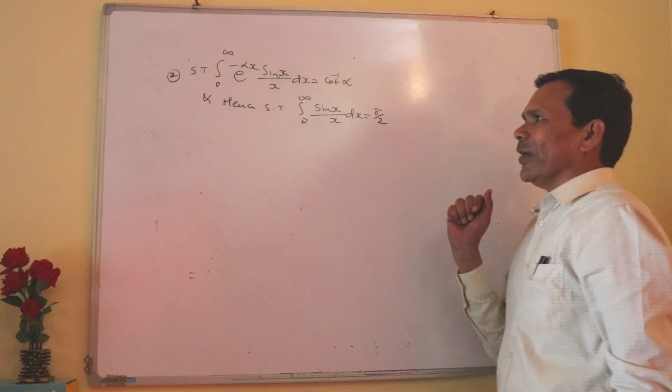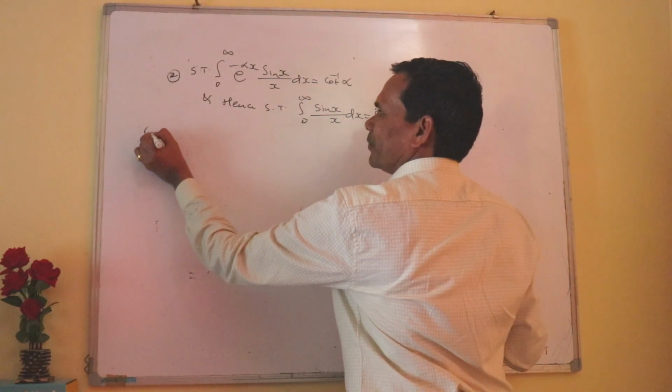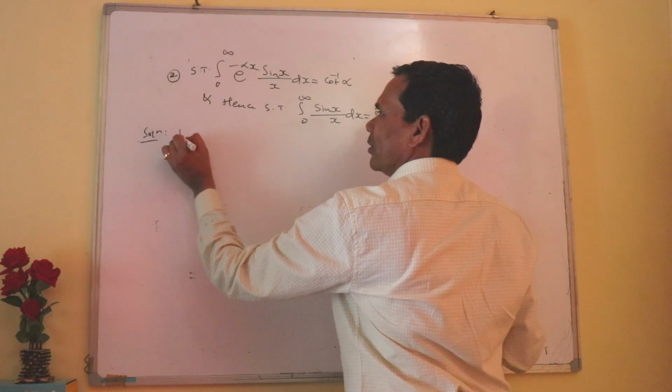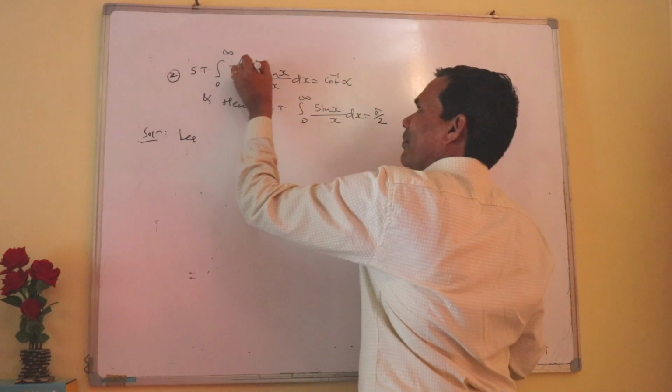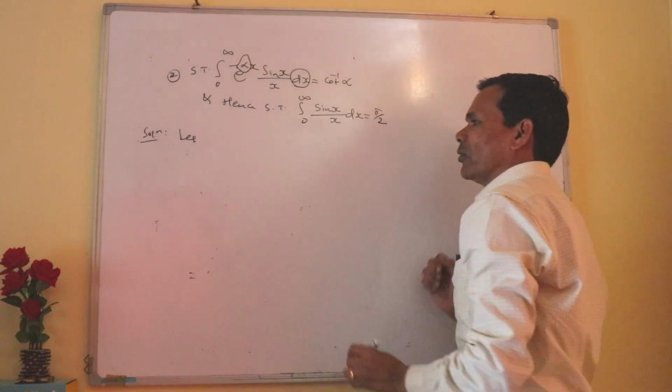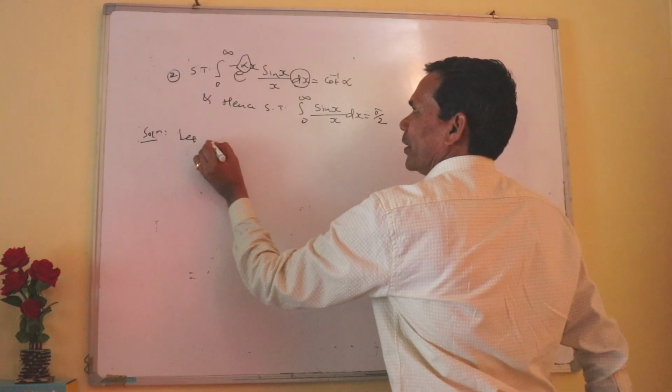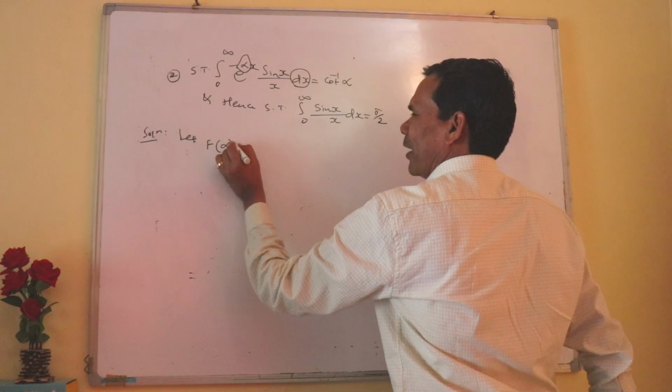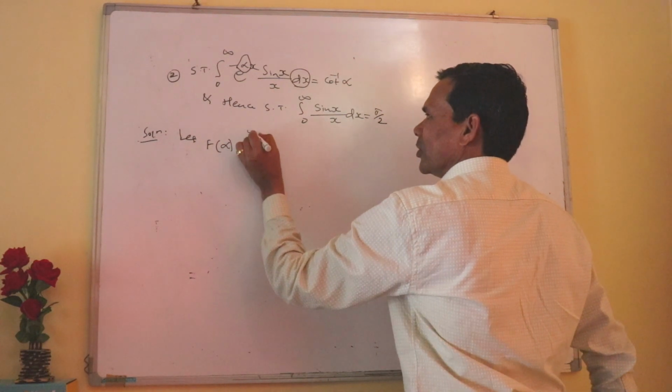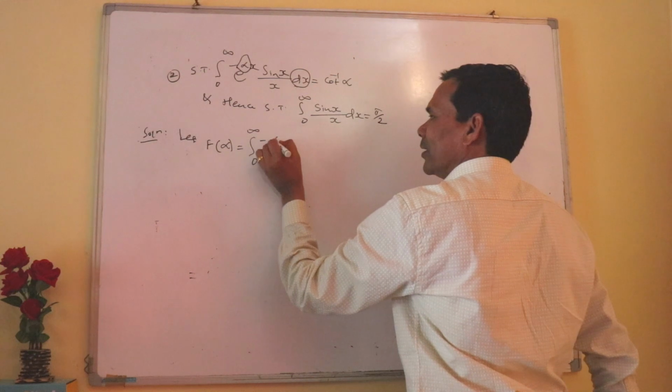So here again alpha is the parameter. Solution: let alpha be the parameter, and the integral is given with respect to x. Let f of alpha be the left-hand side integral.